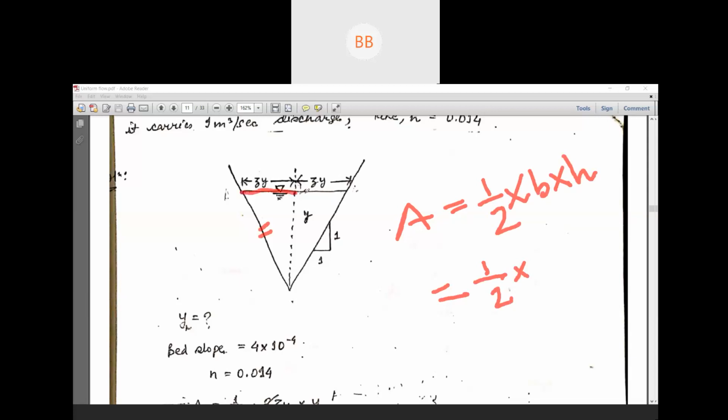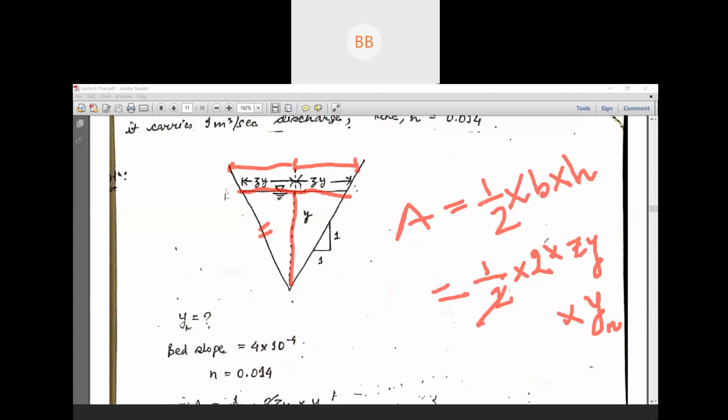This is our base, and this is our altitude. In place of base, we have already discussed how and why it is zy from here to here. This is zy, and as the side slope is the same, this will be the same zy. So base you can write as twice multiplied by zy, and then height. Height is nothing but your depth of flow, or in this case you can write y_n, that is your normal depth.